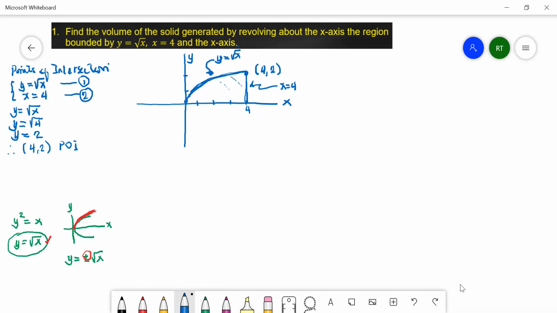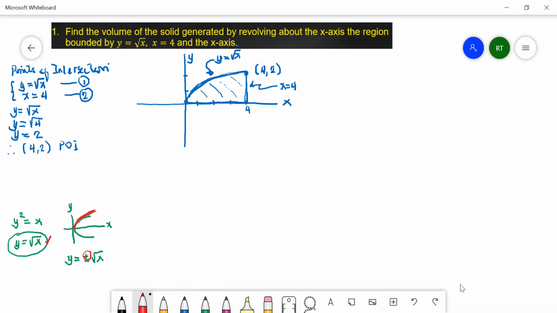And we're actually considering this plane region R. This is the region R. And we need to find the volume of the solid generated by revolving about the x-axis this region, bounded above by y is equal to square root of x, below by the x-axis, and we have the line x is equal to 4.